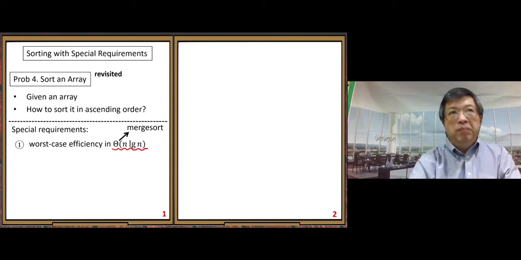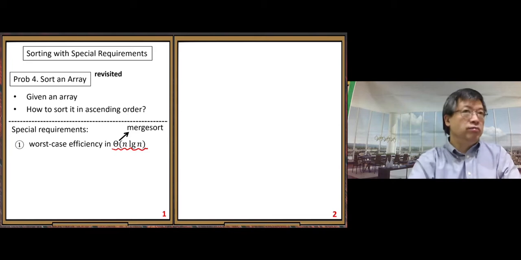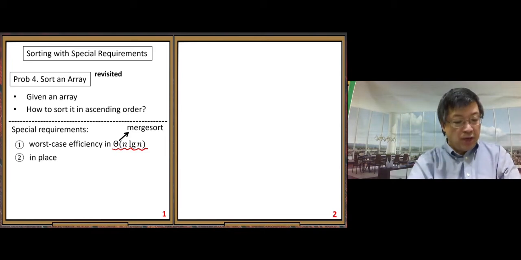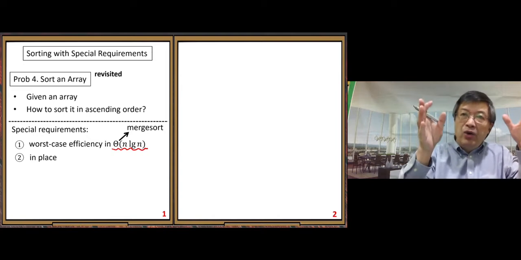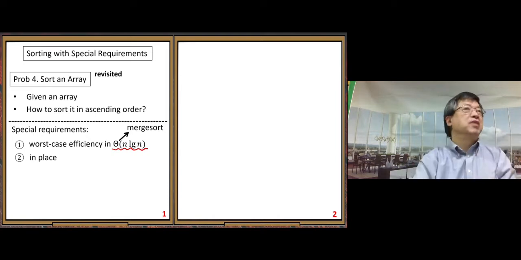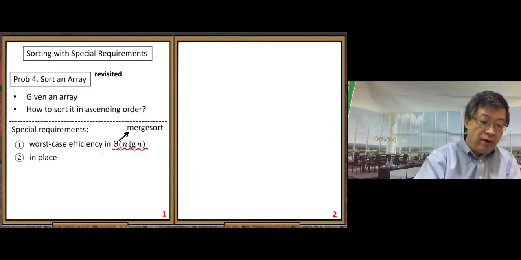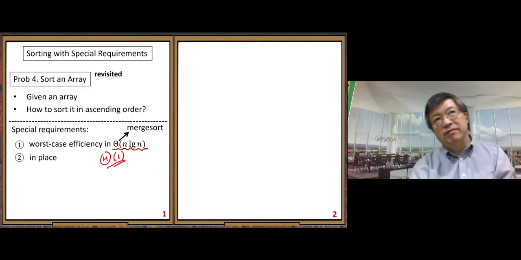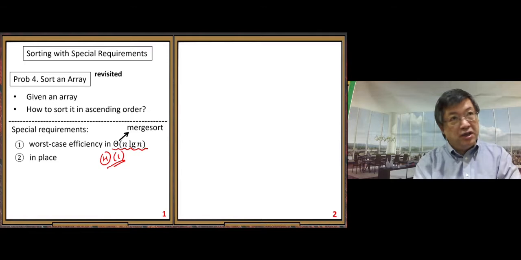But we need some more special requirements. Number 2, in place. So we want our sorting algorithm to be in place. That means the extra storage space used is big theta of 1. The merge sort does not satisfy this one.